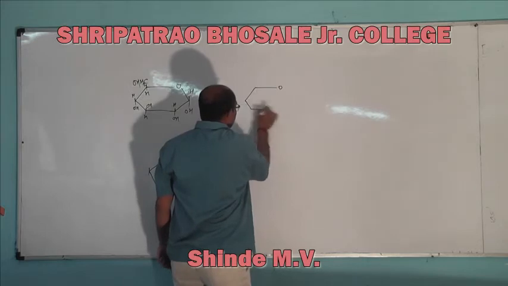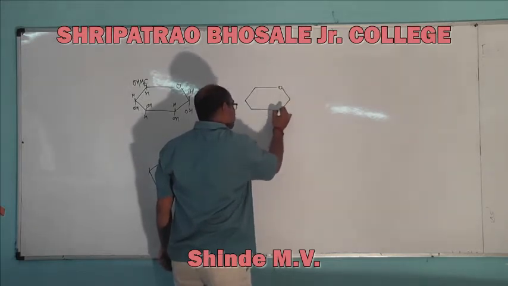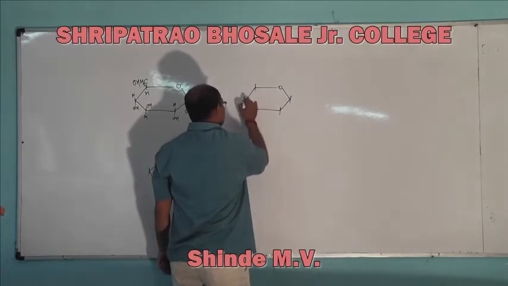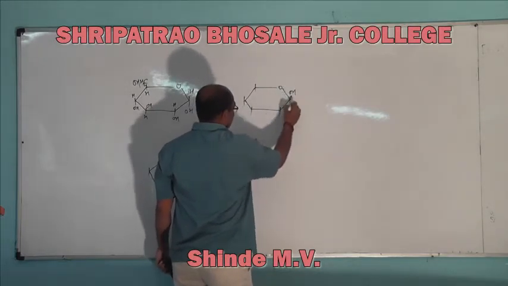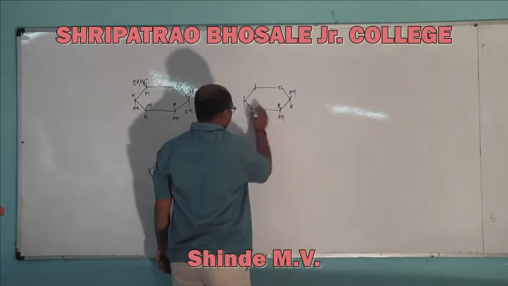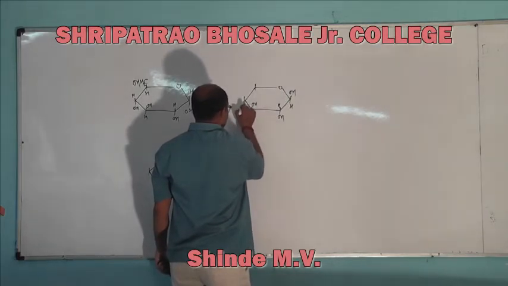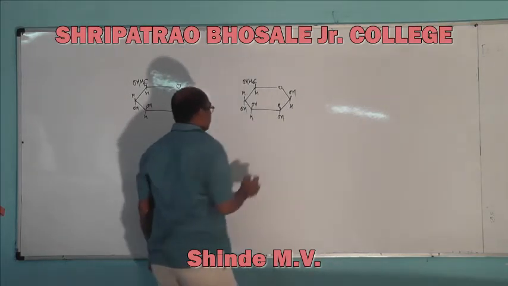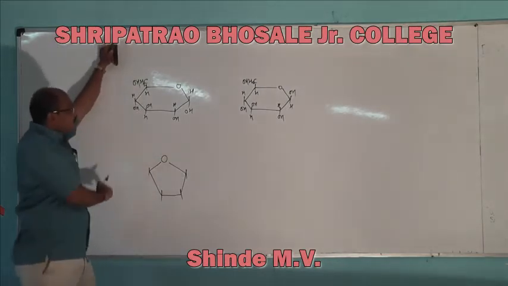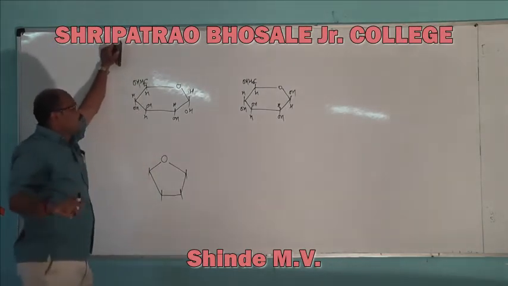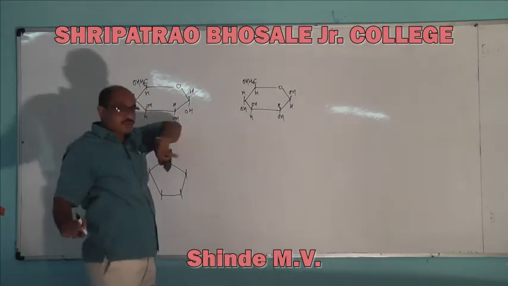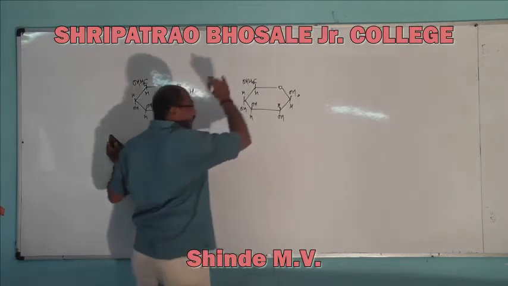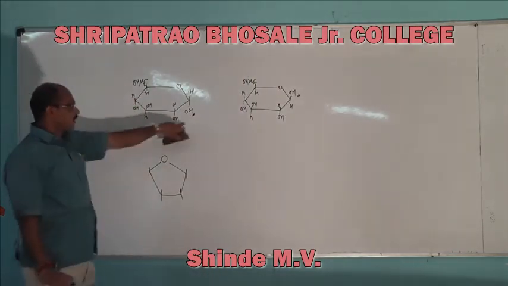We have knowledge of these two molecules. This one is alpha D glucose and this one is beta D glucose, depending upon the presence of the hydrogen group on the anomeric carbon. These are the structures.